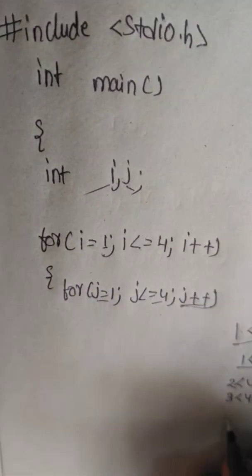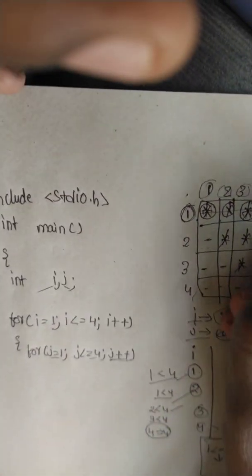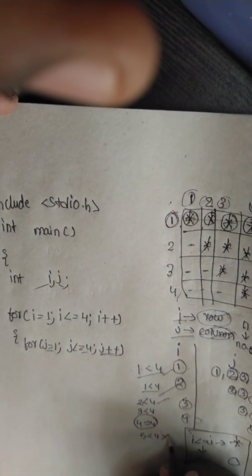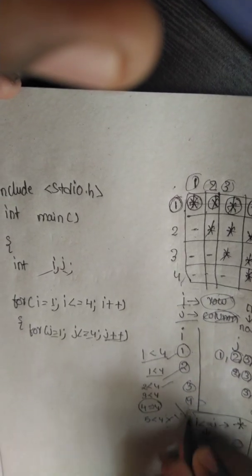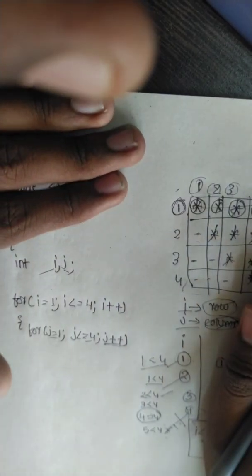After j++ again, 4: I gave j is less than or equal to 4, so 4 is equal to 4, and the star is printed. Again the increment operator is applied, 5 is not less than or equal to 4, so the condition is not satisfied and the loop stops. Up to now, the first row has completed.